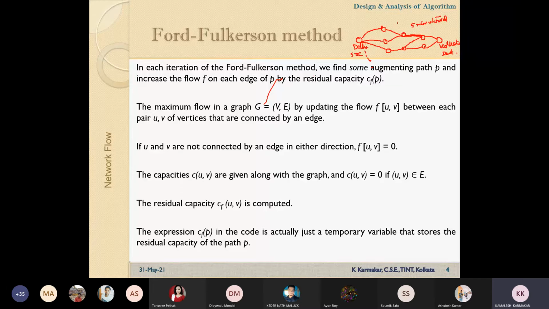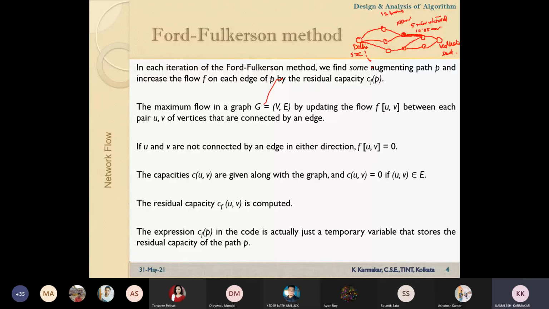If this train departs at 10 a.m., we can't allocate another train to depart this station before 10:05 a.m. It should wait at least 5 minutes. So if we consider 1 hour, the capacity of this link will be 12 trains. Through this link, a maximum of 12 trains can flow in every hour. Similarly, in every link we can consider some capacity, and this duration will be determined based on the minimum signaling delay.